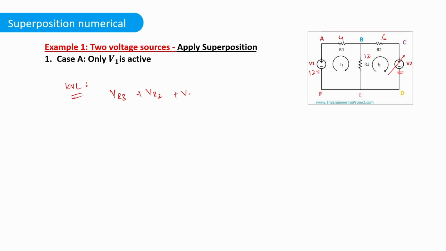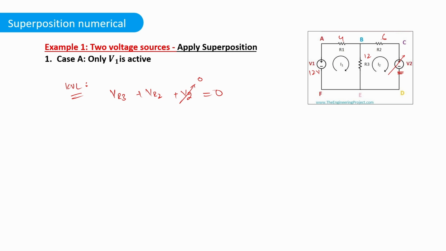Even if I want to write it, that's okay. Later on, I will substitute this as 0 because we are assuming that the second source is short-circuited.